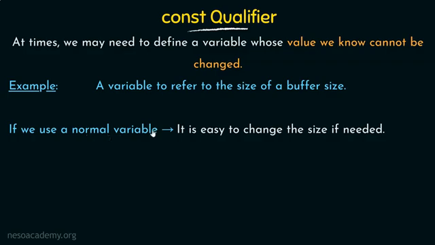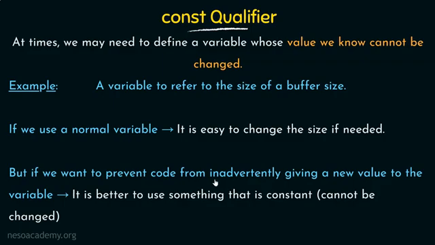If we use a normal variable, it is easy to change the size if needed. So if you want to change the size of the variable at some point, it is better to use a normal variable. But if we want to prevent code from inadvertently giving a new value to the variable, it is better to use something that is constant, that cannot be changed.